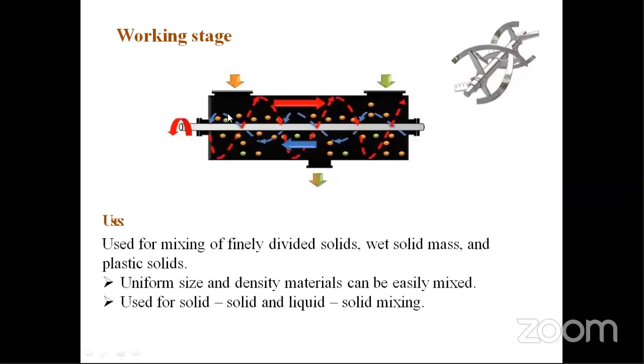You put the materials in from the upper side, and when you start the ribbon blender, it mixes uniformly and breaks down the materials, and you discharge the product from this portion. Materials of uniform size and density can be easily mixed. Both solid mixing and solid-liquid mixing can be done by this process.